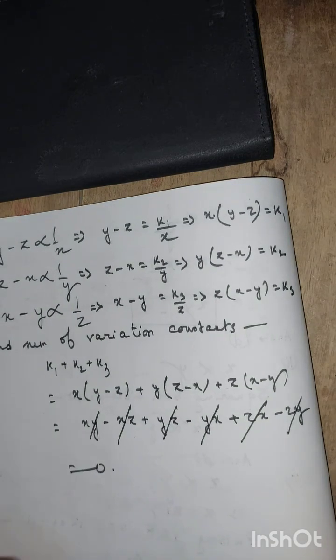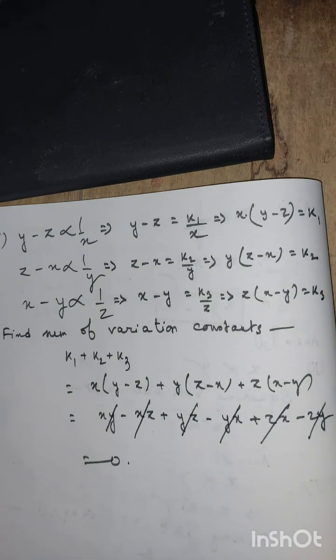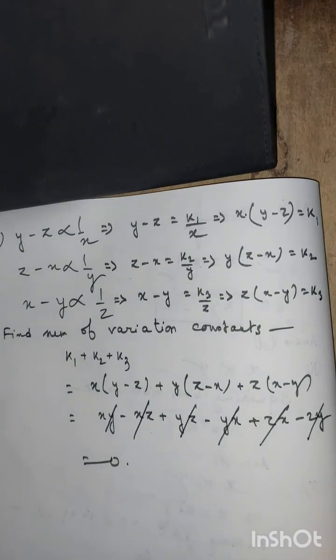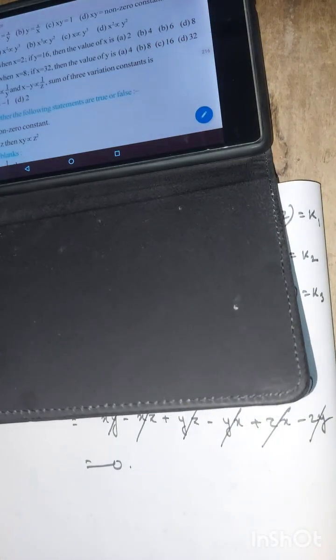So our answer is 0. The sum of three variation constants should be 0. So option A is correct.